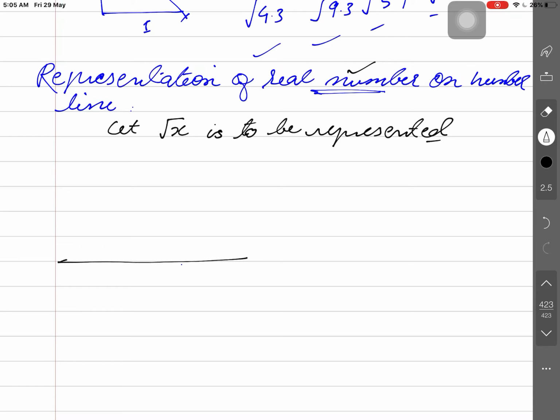Draw a line, and take on that line OA equal to x. This is the x we have taken. Is that clear? Now extend this A to B such that AB is equal to one unit. AB equal to unit means this should be 1.